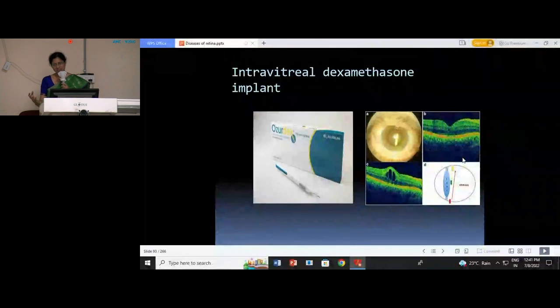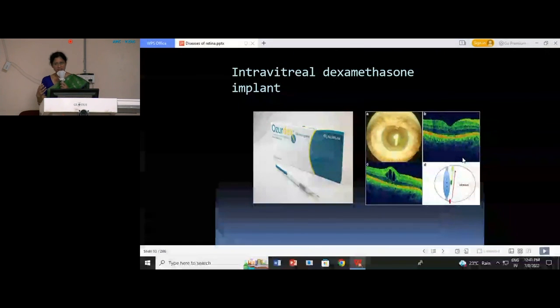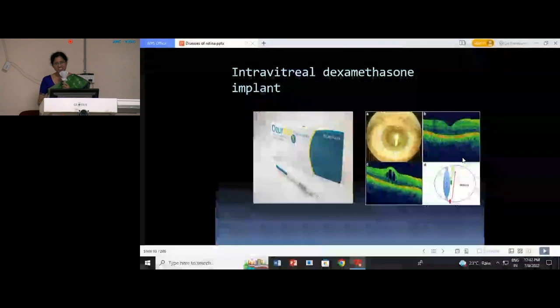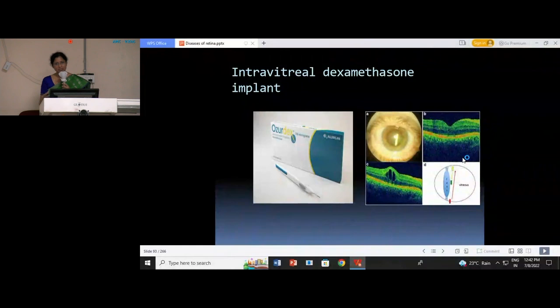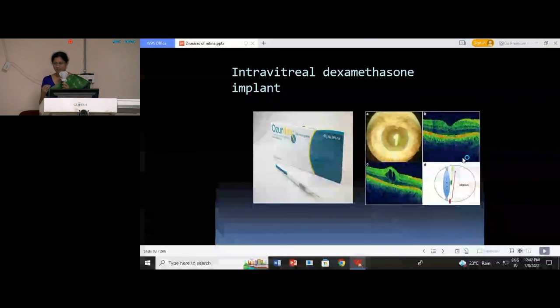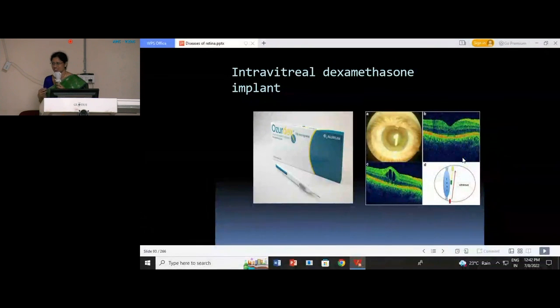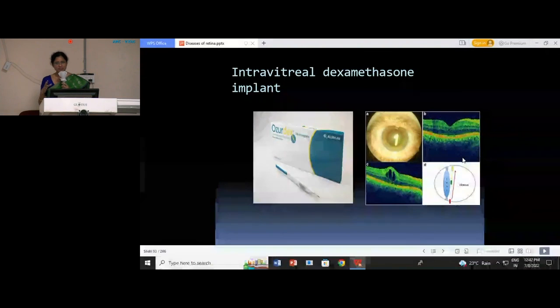It's not after the development of visual symptoms. Even prior to the occurrence of visual symptoms, the patient should be referred to an ophthalmologist. Each and every diabetic patient should have a thorough eye checkup.